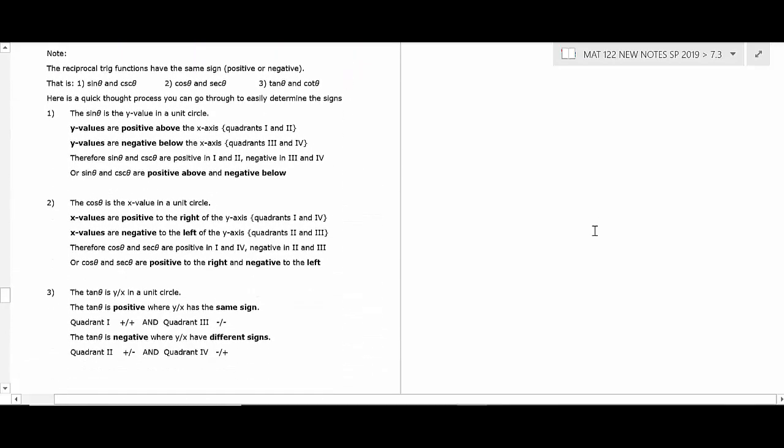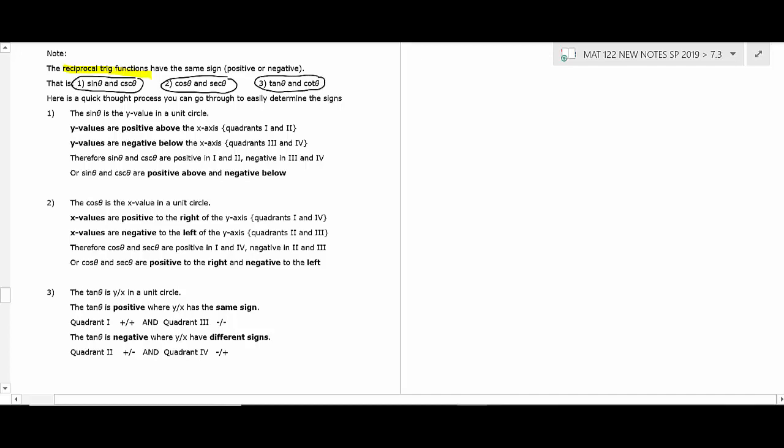A couple of things that you want to notice on here that should be logical. The reciprocal trig functions are going to have the same positive and negative sign. So the sine and cosecant will always have the same signs in each quadrant. The cosine and secant will always have the same sign, and the tangent and cotangent will.